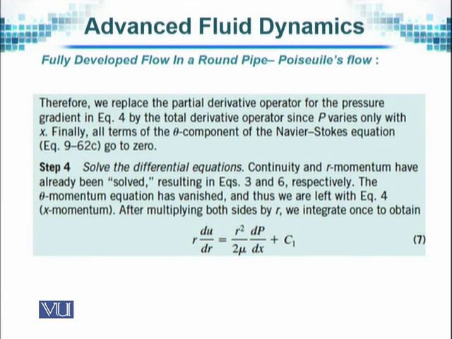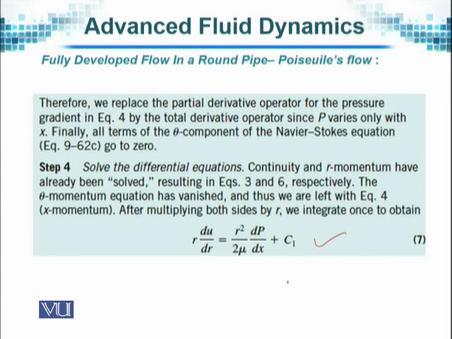Combining these results, from the momentum equation we obtained this term. Remember that we have here du by dr, and they are related to P, and we are required to determine both u and P, and of course they will be determined.